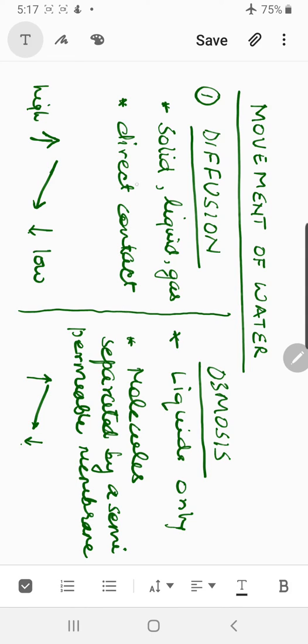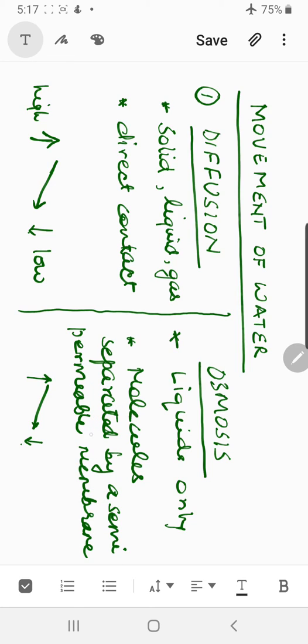The second difference is that diffusion is said to occur when there is direct contact of the molecules. There is no closed chamber, there is no separation of the two systems. Here the molecules come in direct contact, whereas in osmosis, the molecules of solvent or water are separated by a semi-permeable membrane.